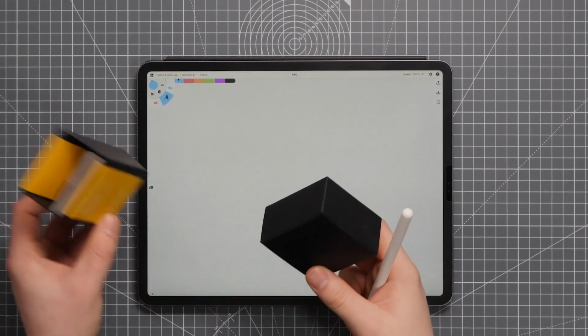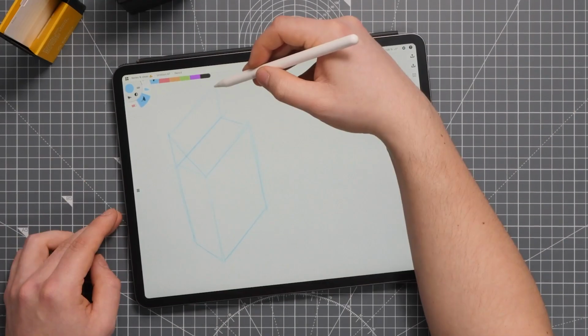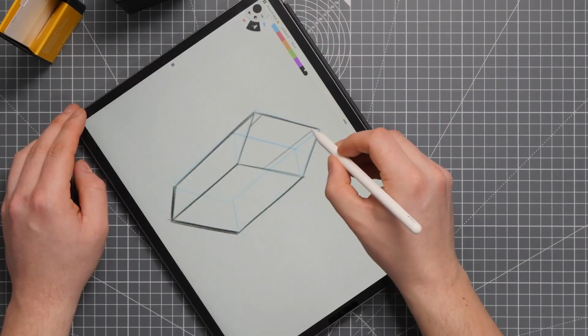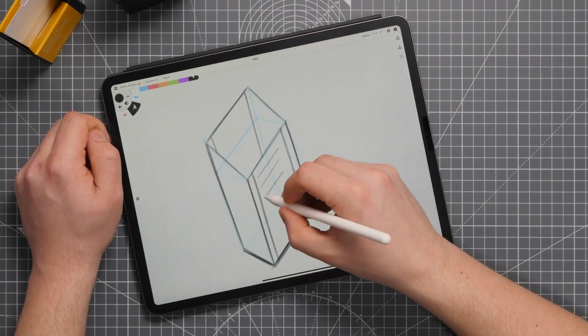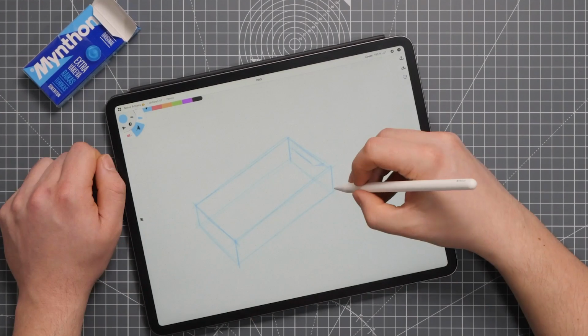You can even look for simple items around you and try to draw those in perspective. This is a great way to improve your perspective drawing, as you can set the difficulty and keep challenging yourself.